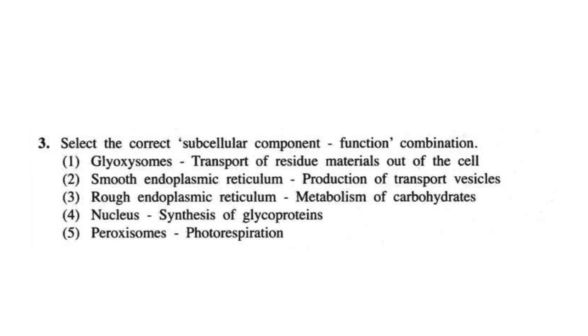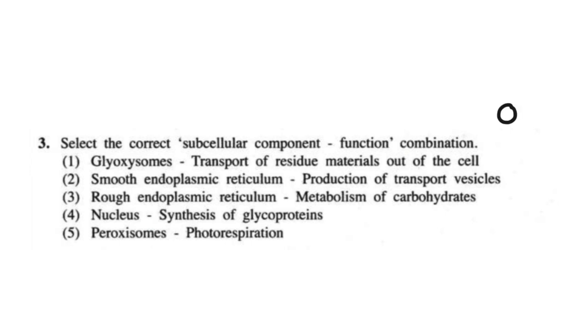Then question number 3, select the correct subcellular component function combination. First one, glyoxysomes, transport of residue materials out of the cell. So glyoxysome is a specialized type of peroxisome.